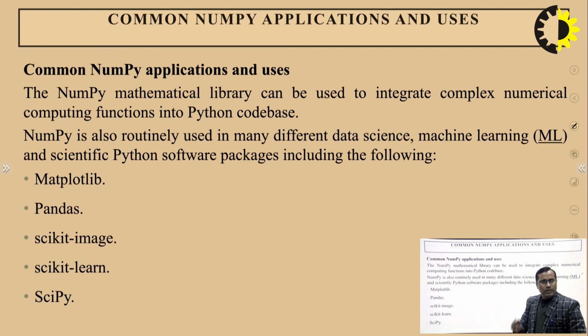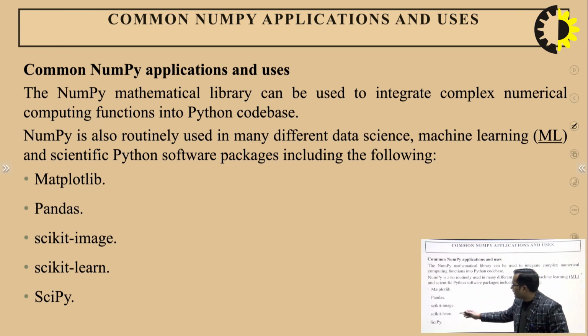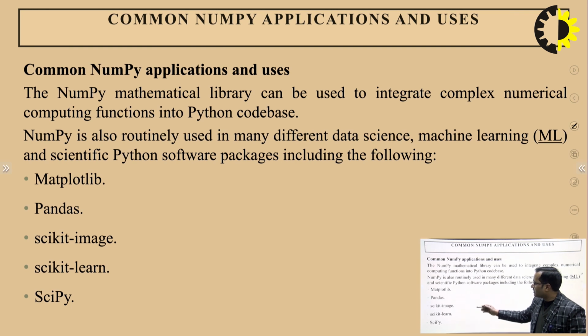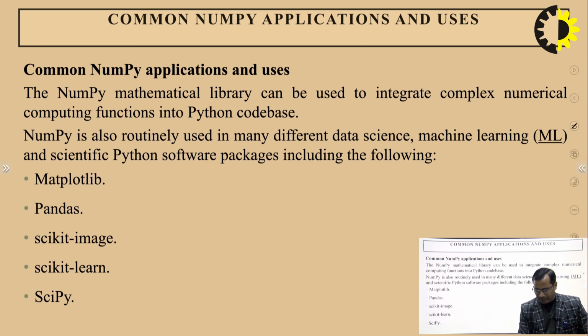NumPy is also routinely used in many different data science, machine learning, and scientific Python software packages. We can use NumPy with Matplotlib, Pandas, scikit-image, scikit-learn, and SciPy for scientific calculations.